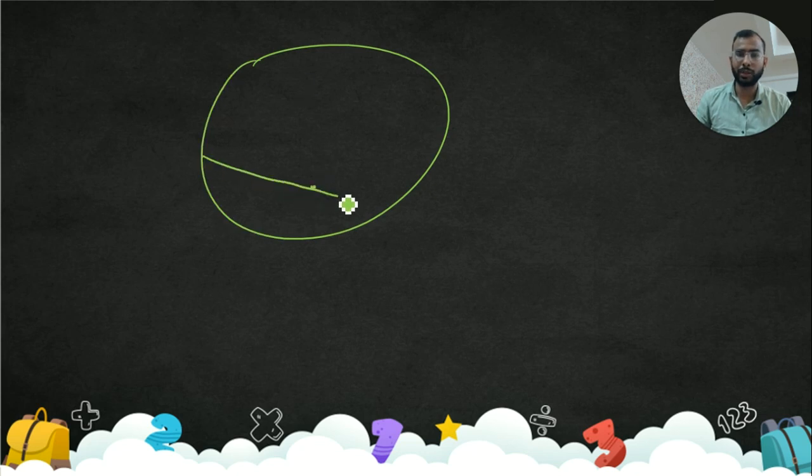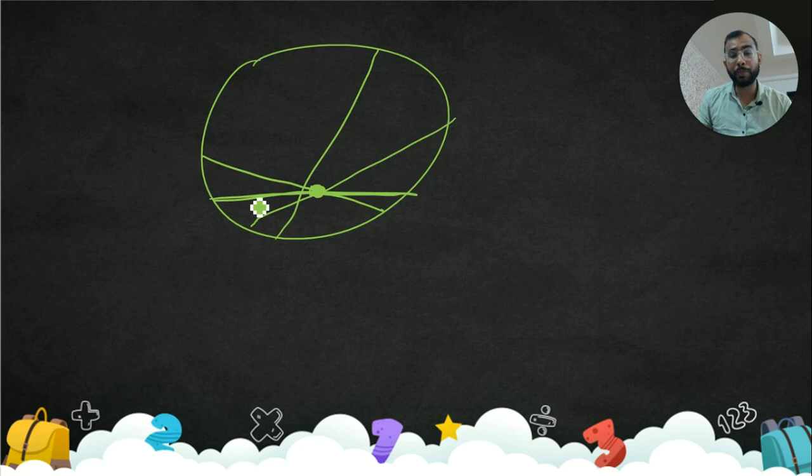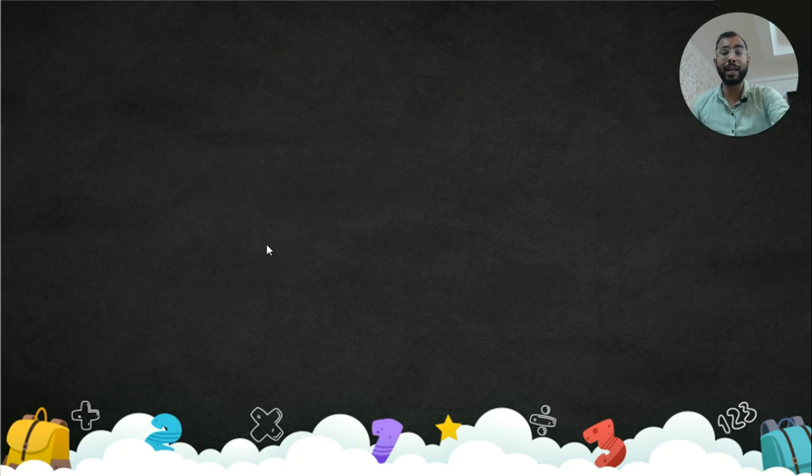This is one chord, this is another chord, this is another chord, but the smallest out of all of them is when this point is the midpoint. For this line this is not the midpoint, not the midpoint, but for this line this is the midpoint, so this would be the smallest chord. So they can give you: find the equation of the line which is passing through point (1, 2) and it should be the smallest one. So you can always use this logic.